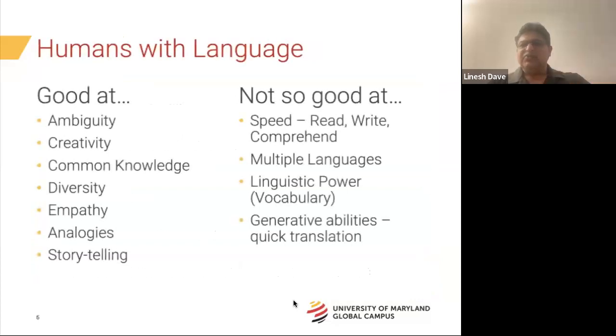Excellent. All right. So coming to sentiment analysis, we looked at this slide last time, and I went through this list about what humans are good at, especially from a language perspective: ambiguity, creativity, common knowledge, diversity, empathy, analogies, storytelling, and all that. And what we are not so good at. There's one more aspect that we humans are good at, which is sentiment. Now, there's a subtle difference between empathy and sentiment.